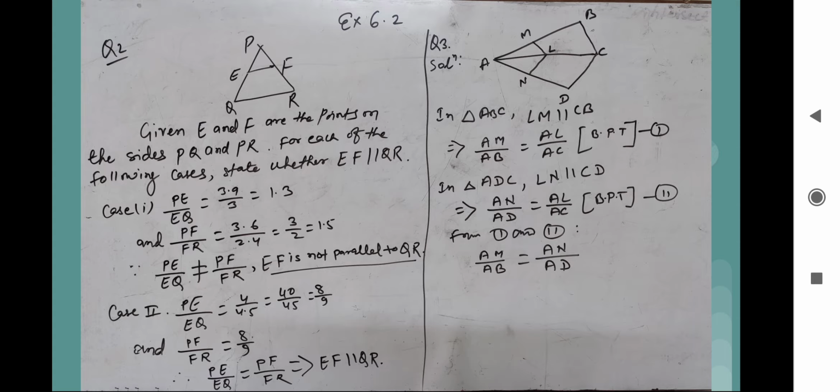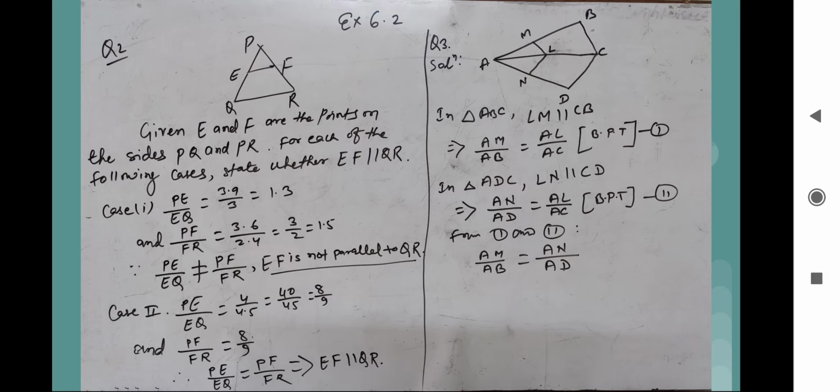Look here students, PE by EQ and PF by FR are not equal. So PE by EQ is not equal to PF by FR. Therefore, EF is not parallel to QR in the first case.